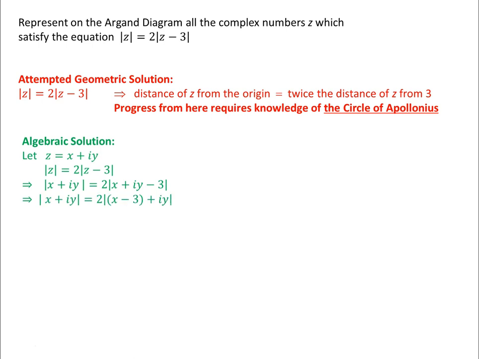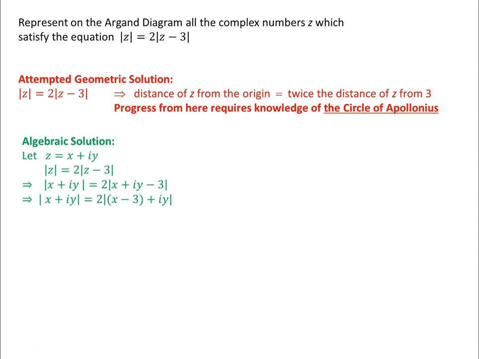In other words, the modulus of x plus iy has got to be equal to twice the modulus of (x minus 3) plus iy. It's important we collect together the real terms and the imaginary terms before we try to calculate the modulus.